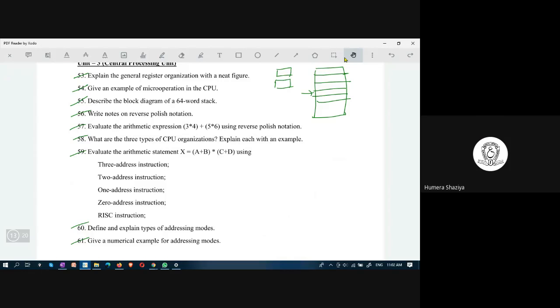You have more time: 5, 6, 7, 8, and 9th March. 5 days you have, and there are 9 questions. If you do 2 questions each day, you can complete. So from today till next Wednesday, please write answers for question number 53 to 61.